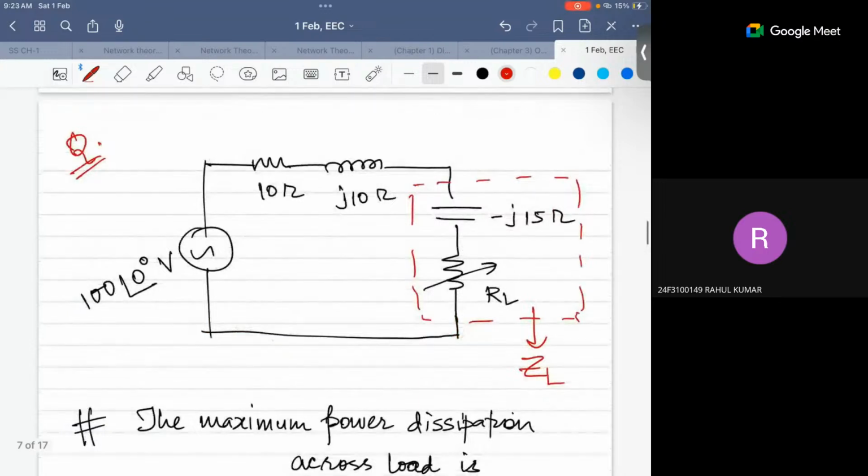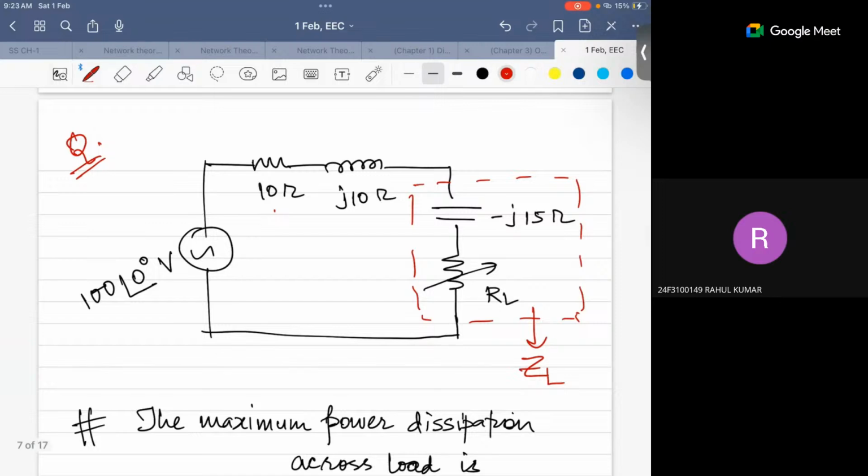Correct. See, in this example, in this question, you can see that in the whole circuit you were having resistance and inductor, and in the load across which they are asking where the maximum power will dissipate, you were having a capacitor and a resistance.